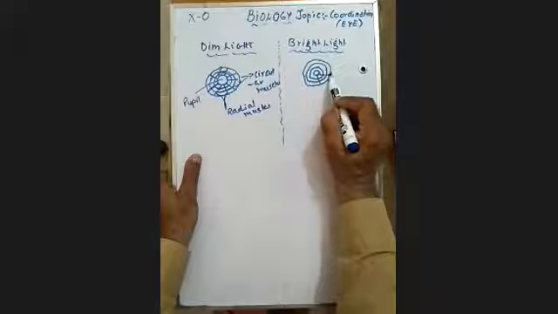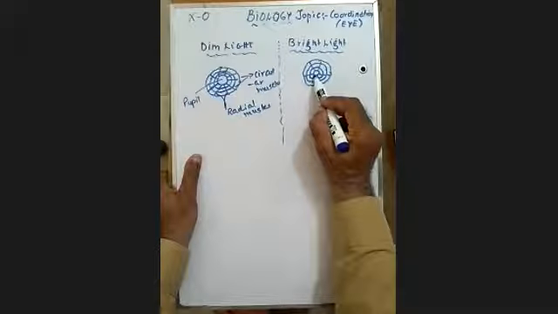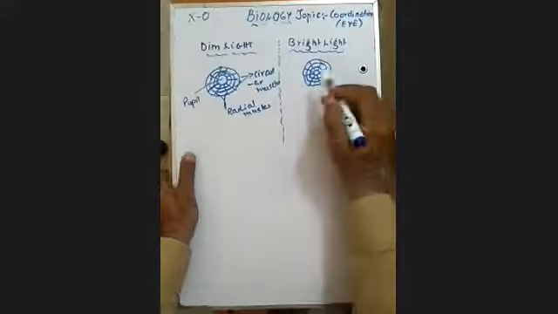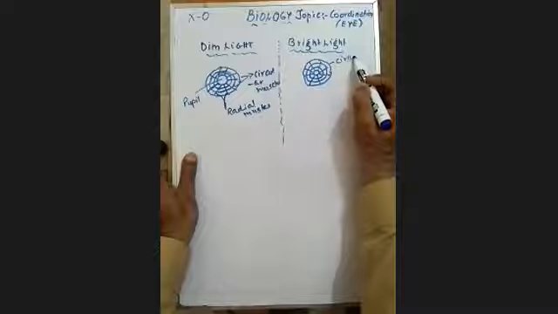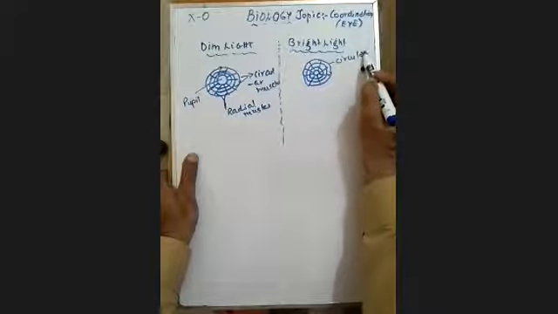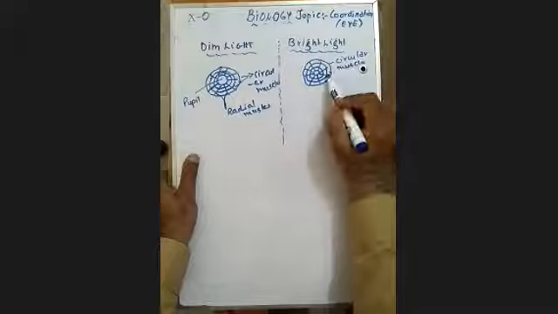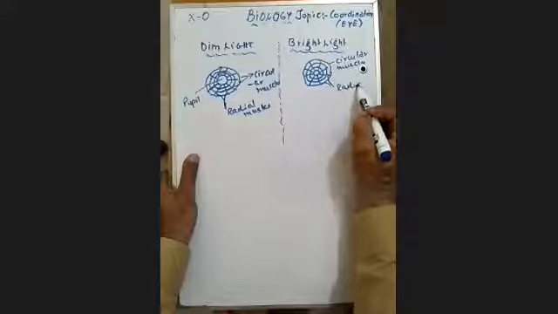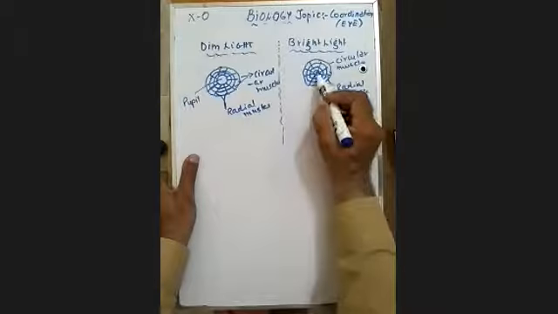And this is radial muscles. Is it clear? So this is circular. This is a radial muscle. And this is the pupil.